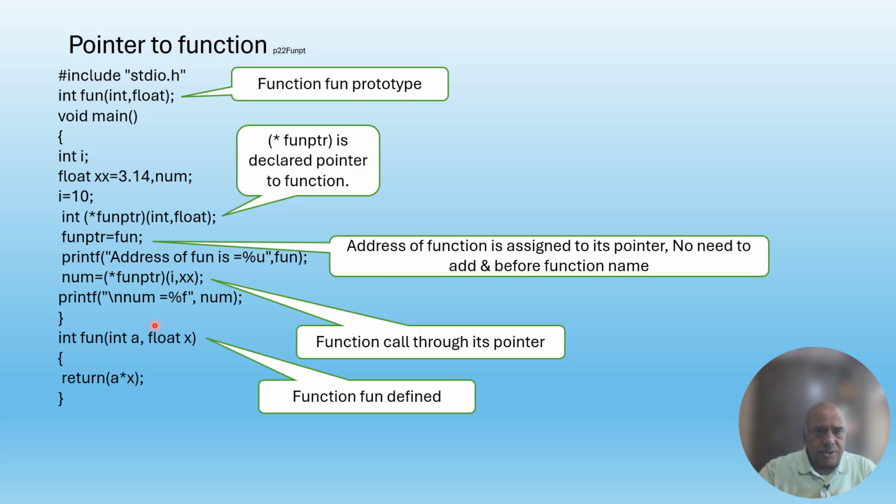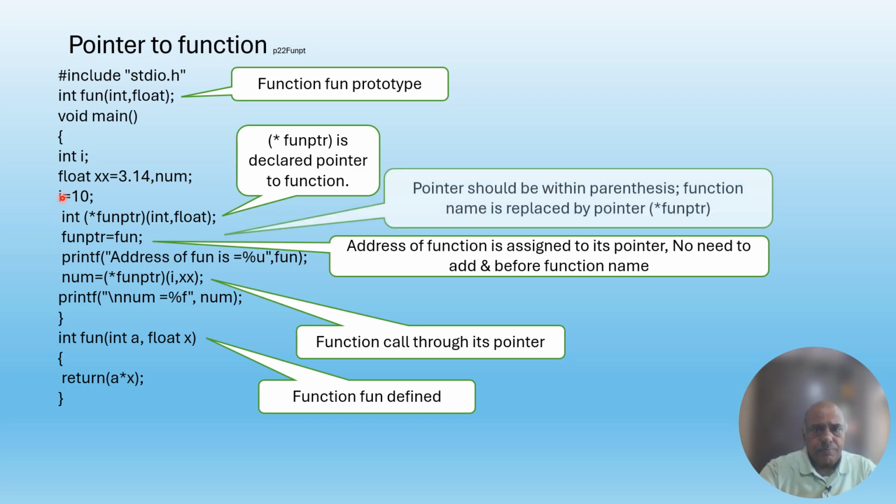We can see that the prototype of the function and the function definition are as usual. The only thing is how the function pointer is declared and how the function's address is assigned to that pointer. These two statements are a bit different when we are going to use a pointer to a function.